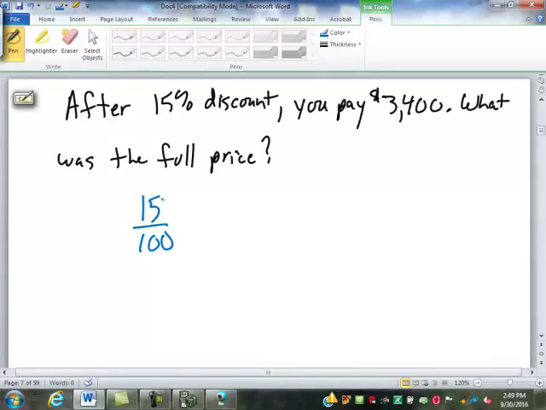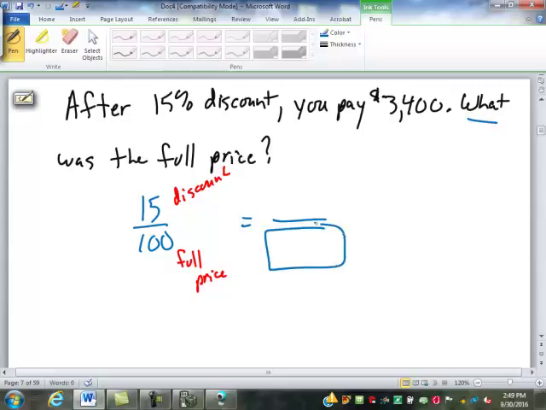So 15% is 15 out of 100. The 15 represents the discount, and the 100 represents the full price. We are looking for what was the full price. Does the 3,400 represent the amount of the discount?